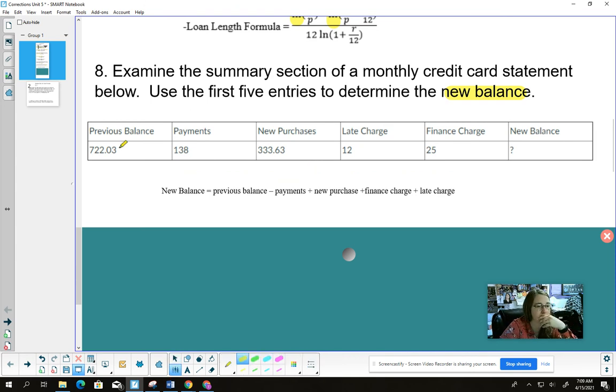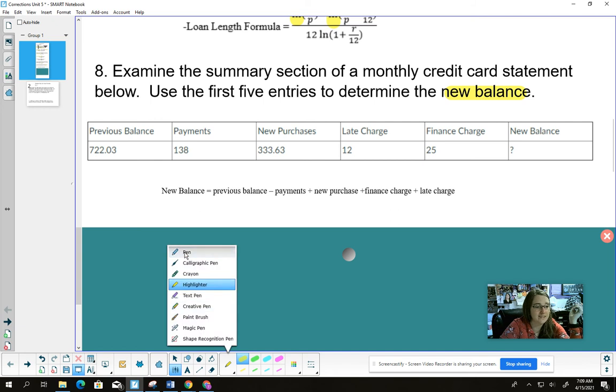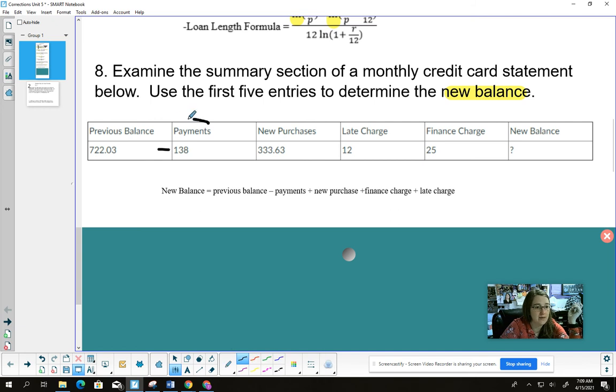We have your previous balance minus your payments, plus, plus, plus. The only thing that gets subtracted is the payments, because again, this is a credit card. Payments decrease the amount of money you owe. This is not a checking account. We talked about how in a checking account, purchases would be considered negatives, but this is a credit card.